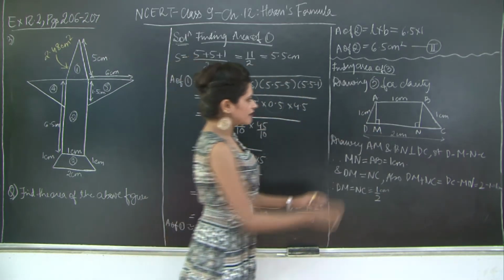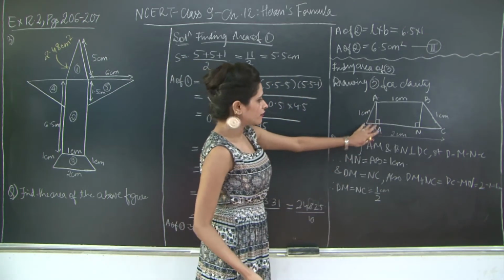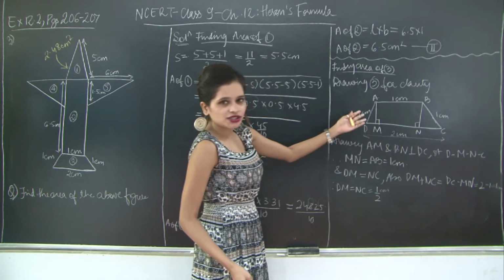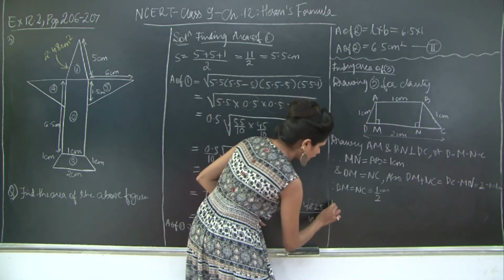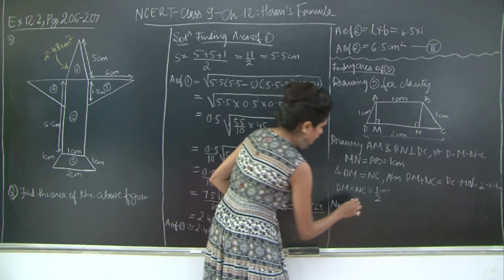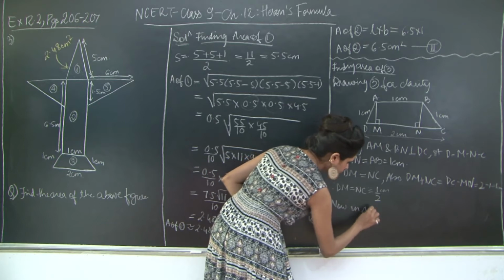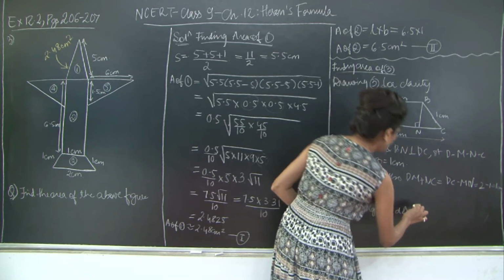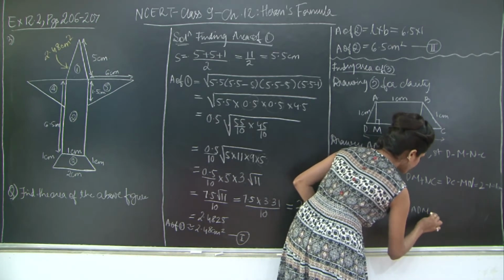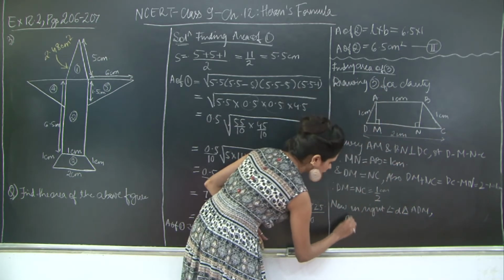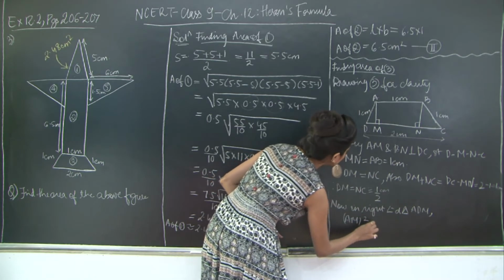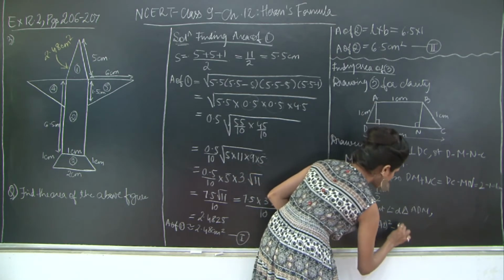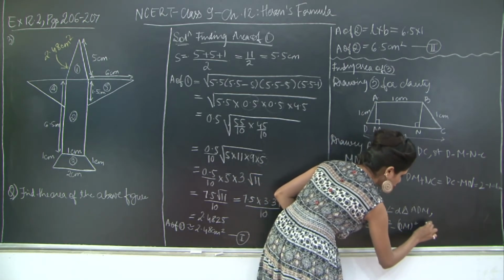So let's go ahead and first find the height of triangle ADM or BNC. For our purposes, we will just take ADM. Now, in right angle triangle ADM, I have AM square is equal to AD square minus DM square through Pythagoras theorem.